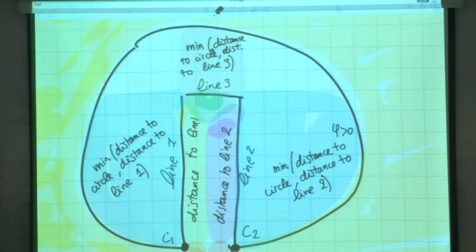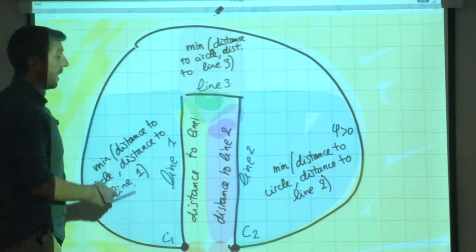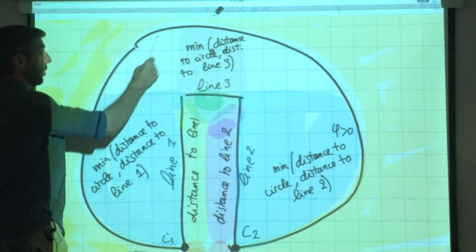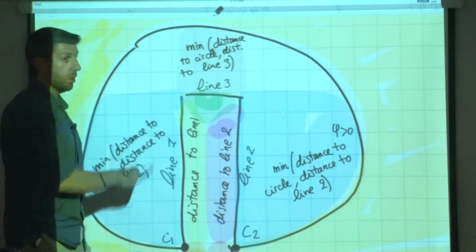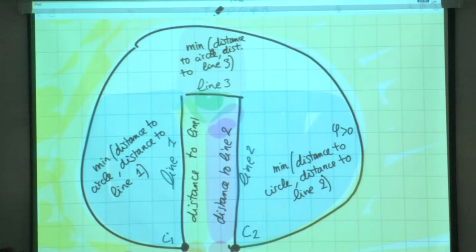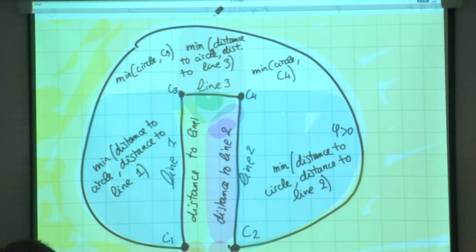And we're left with these two that I won't color, where now you'll have to look at the minimum between the distance to the circle and the distance to the corner point. So this is going to be min of distance from circle, comma, that point I'm going to call C3, and that point I'm going to call C4, so that's going to be min of circle, comma, C4. There we go.